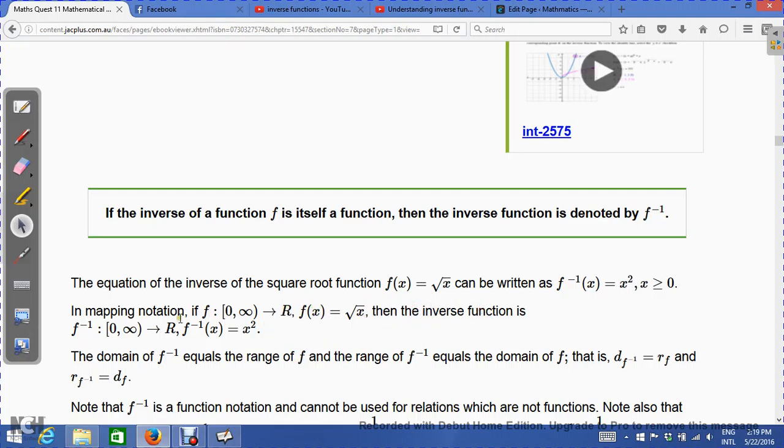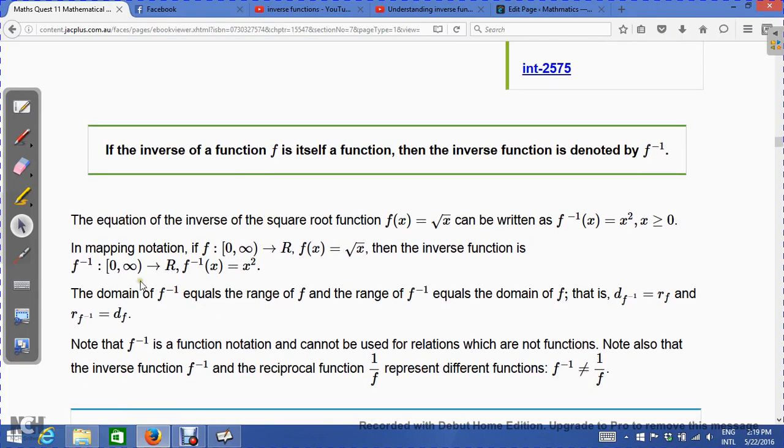Then the inverse function is going to be 0 to infinity for x squared. So that's our domain. So the domain of our inverse function equals the range of f, and the range of the inverse equals the domain of f. So we can say the domain of the inverse is equal to the range of the function, and the range of the inverse is equal to the domain of the function.